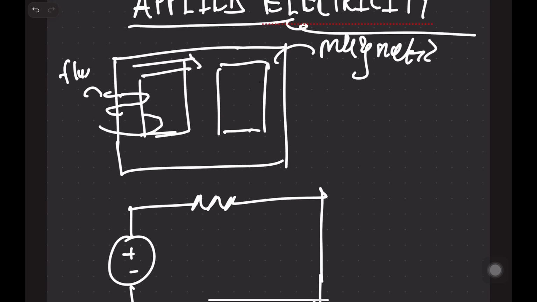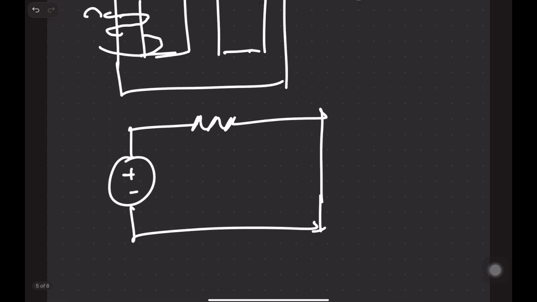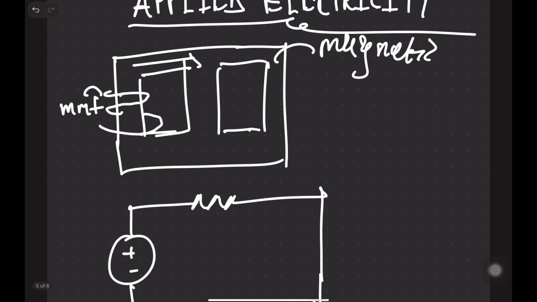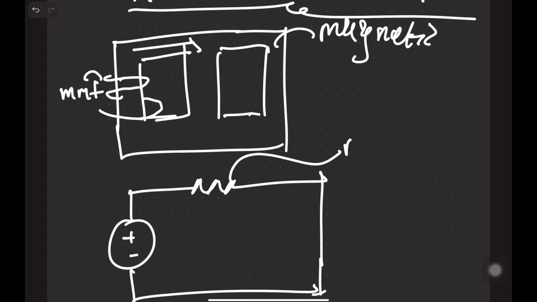So we have flux flowing through the magnetic material. And then the windings which have currents flowing through them. So the source of the MMF. Then we have our reluctance in the magnetic material as our resistance.